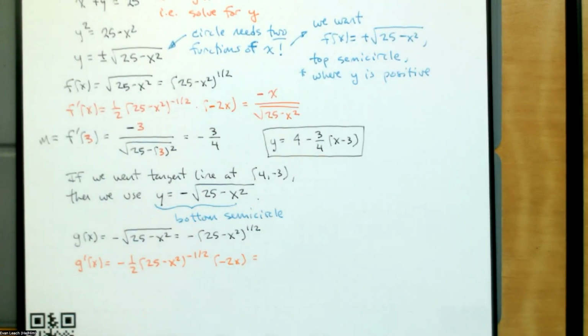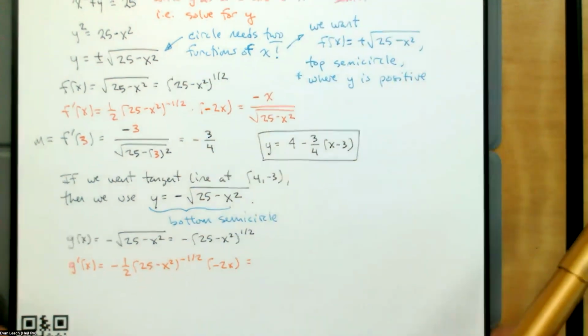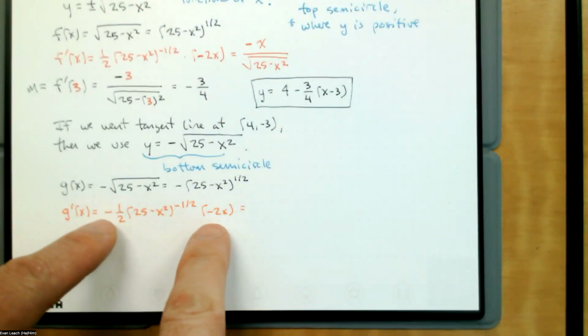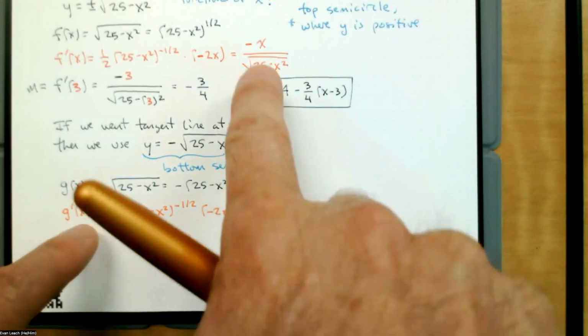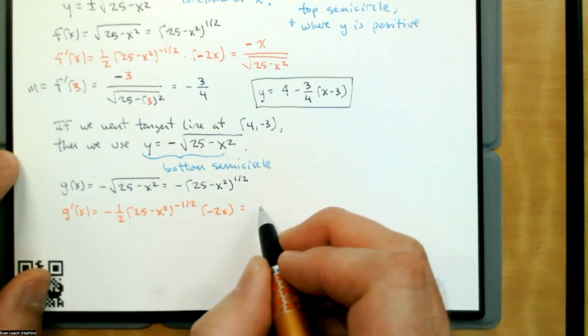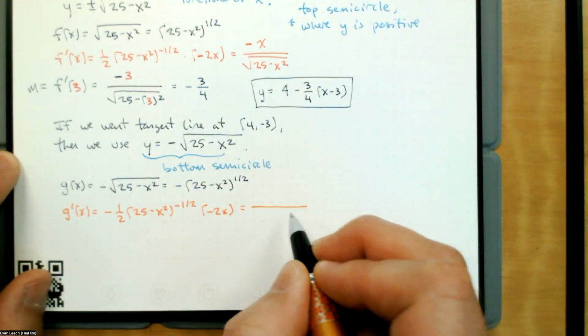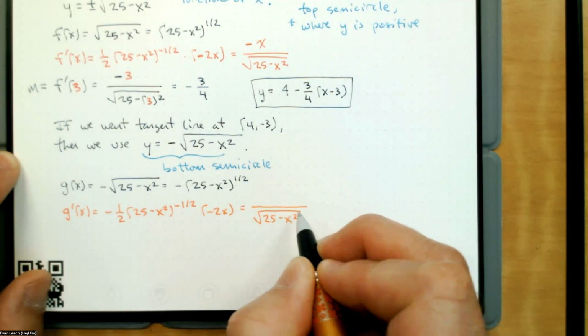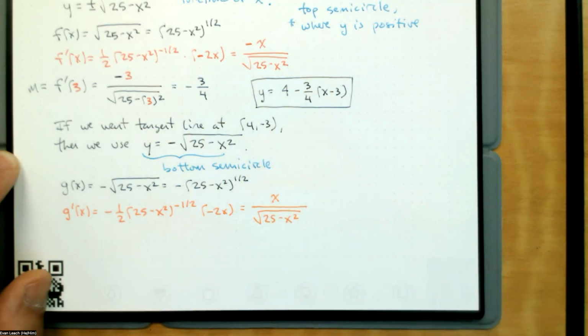So in this case, where we saw on the previous problem a negative slope on the top semicircle, on the bottom semicircle we know we'll have a positive slope. And here's where we're going to see that negative cancel out, the negative that I almost dropped from the first one. So we get a similar derivative, but it's positive x.